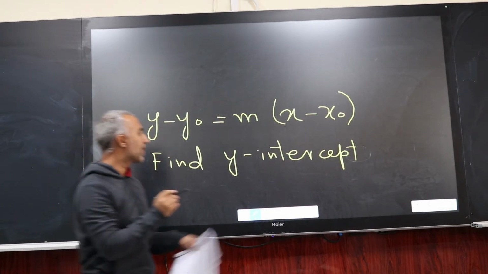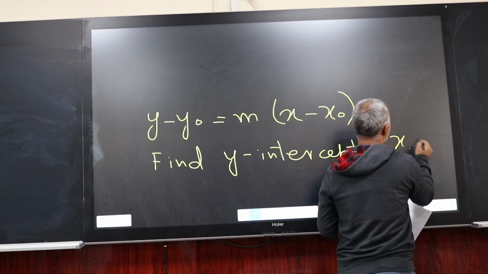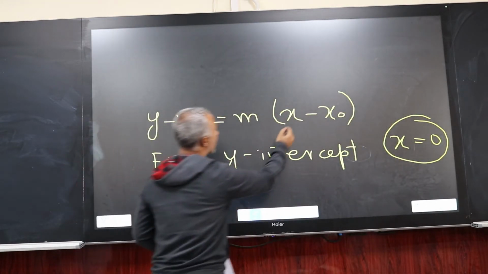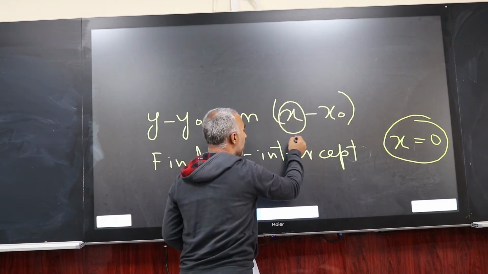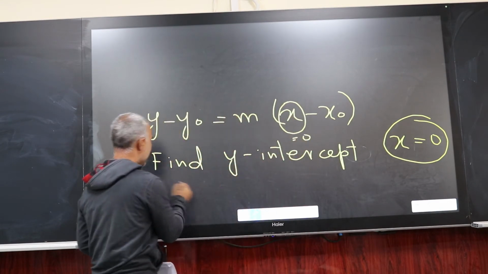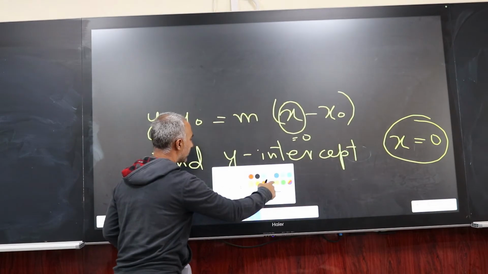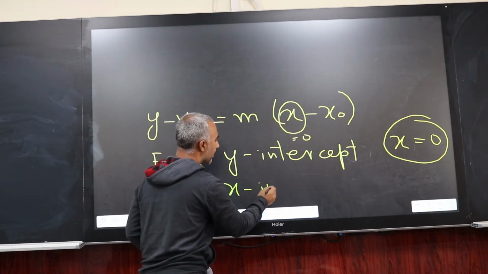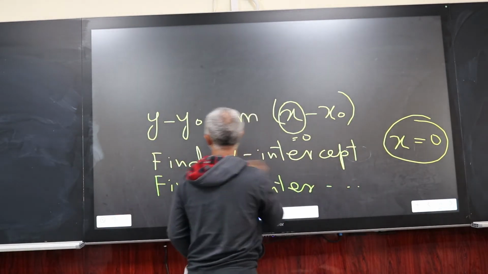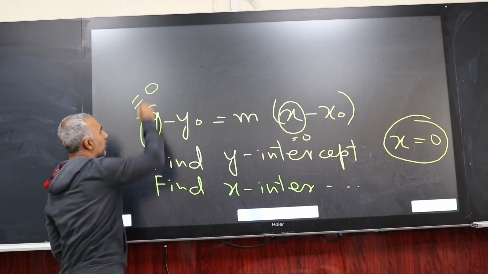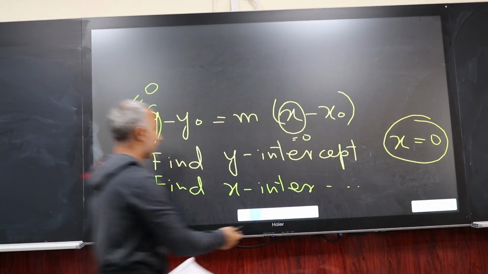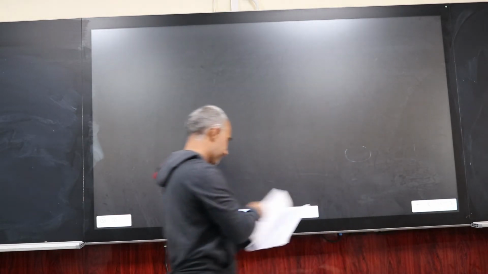If I am asking to find the x-intercept, in this situation y will be equivalent to 0. Remember, okay? In any way you can go.